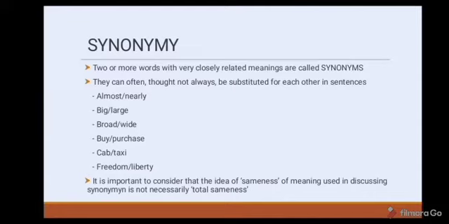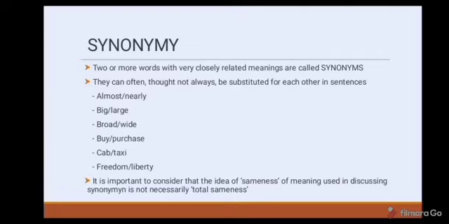They can often, though not always, be substituted for each other in sentences. For example, almost, nearly, big, large, broad, wide, buy, purchase, cab, taxi, freedom, liberty.